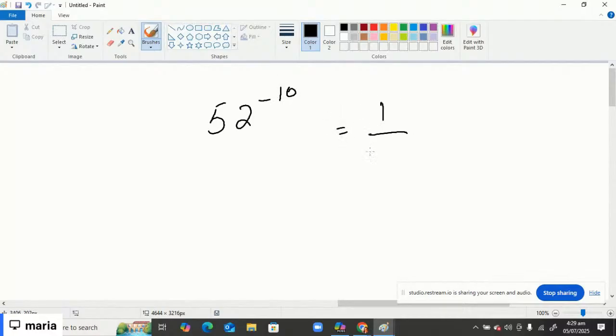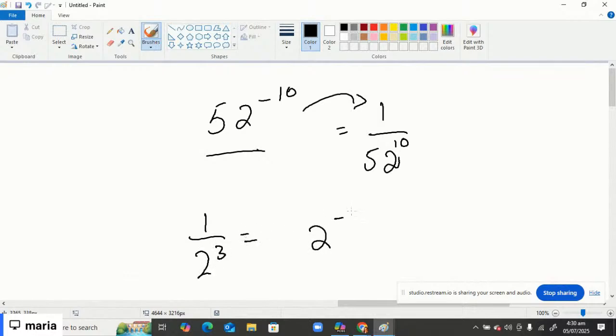So we are just putting it in the form of a fraction, in the denominator, so its power becomes positive. If they are saying convert this, you place it like this way, and if they are saying convert that, you put it like this way. There are two forms given here.